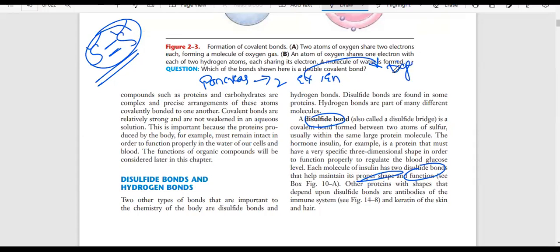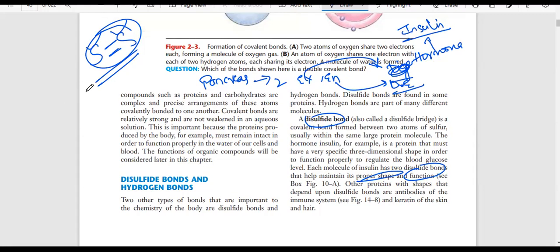Sorry, in endocrine, we will get hormones. In hormones we have one hormone called insulin, which will regulate the blood sugar levels.